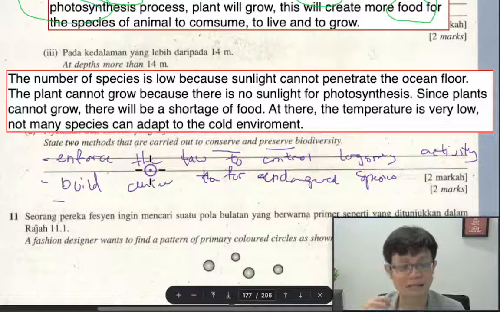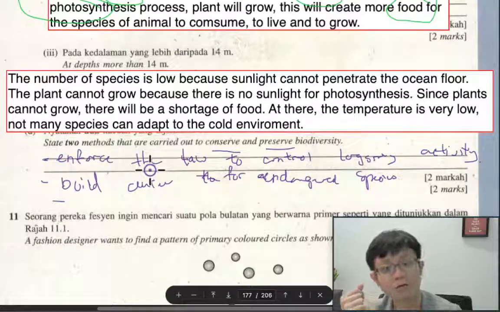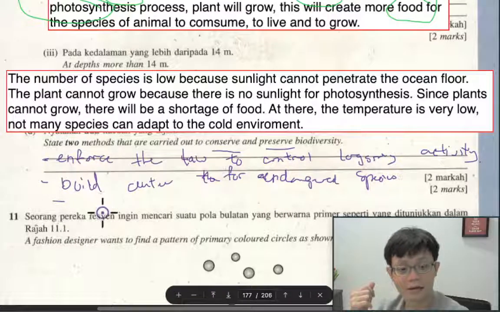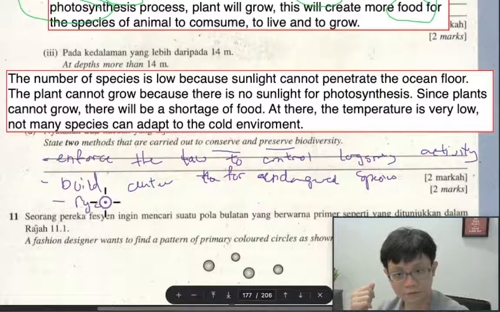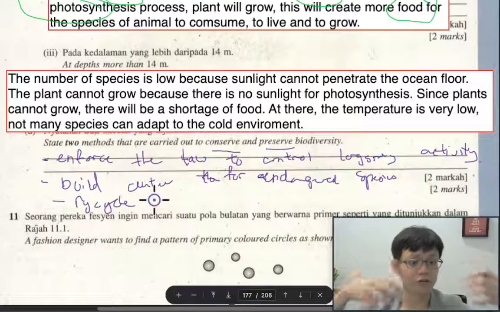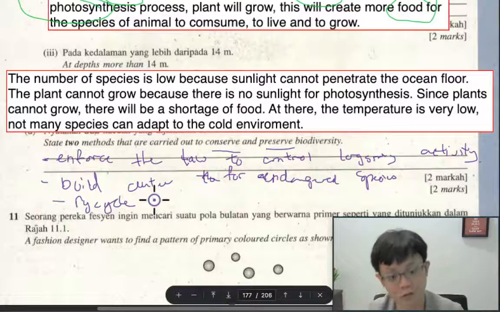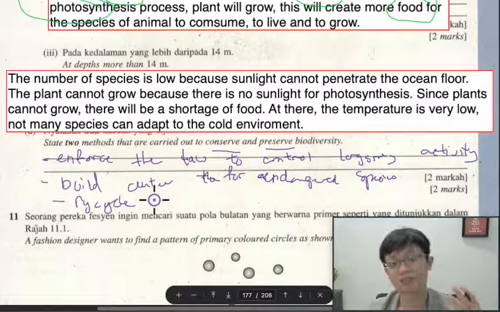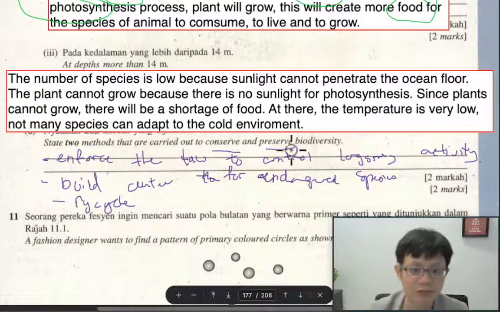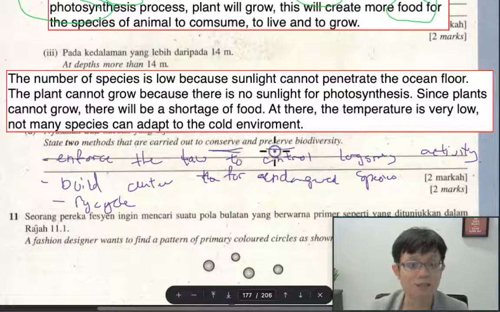So maybe we can say enforce the law, or we also can say recycle, because recycle will make sure that we use back the material and we won't waste the natural resources, and this can help to preserve the natural resources. Means you don't simply use, because preserve, conserve means you don't simply use.